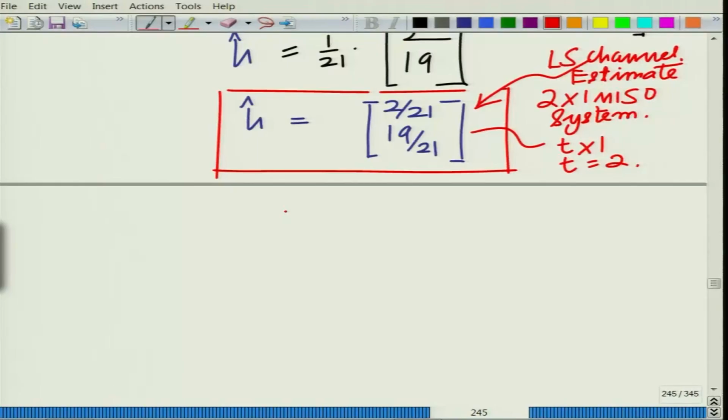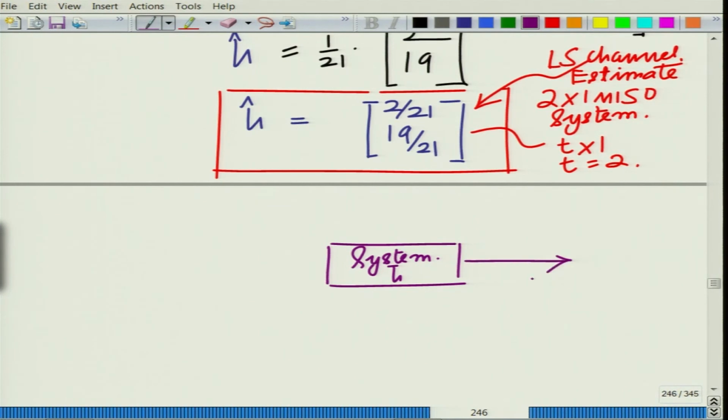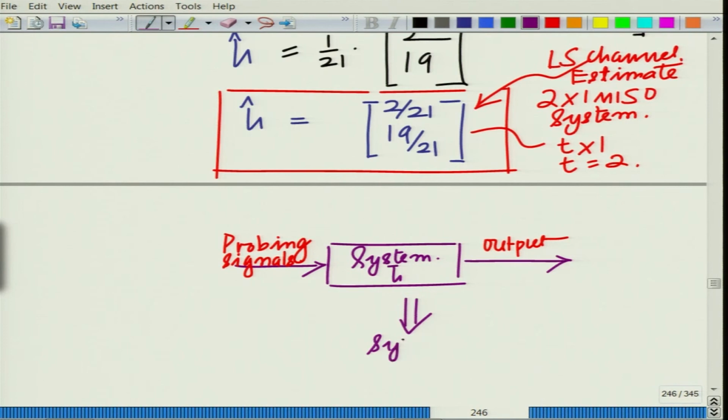So, just to illustrate this point, if you generalize this, you have this system which we are characterizing by h bar, which is unknown, and you have the output and you have the probing signals. Similar to the pilots, you have the probing signals, and from knowledge of output and the probing signals, one can determine the system h bar.